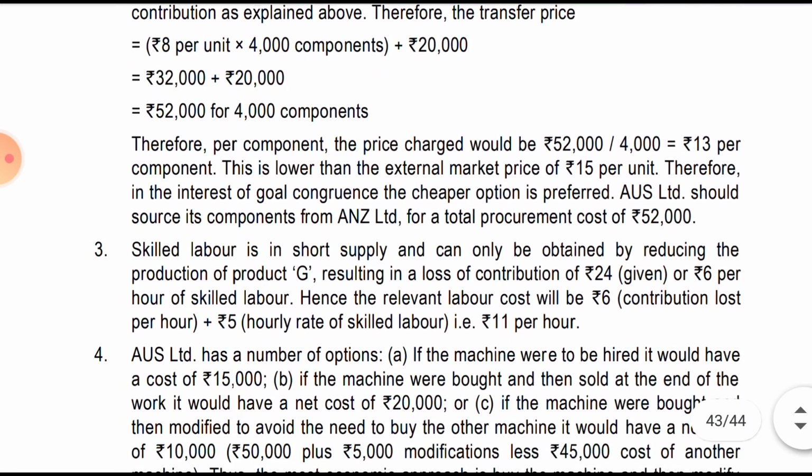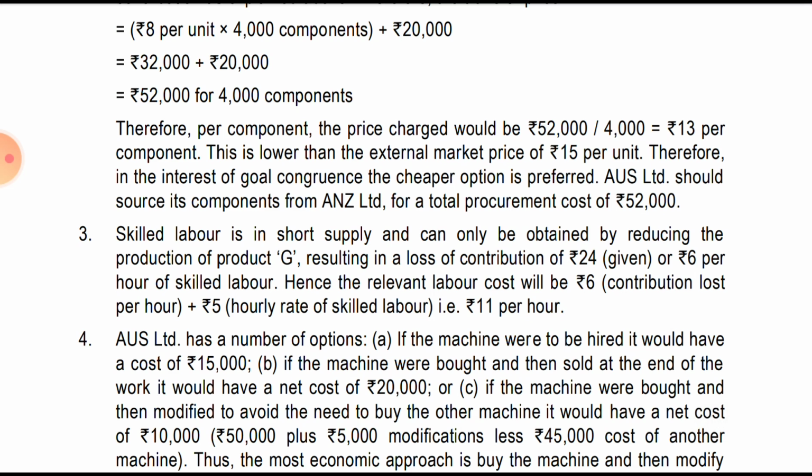Then skilled labor is in short supply and can only be obtained by reducing the production of product G. Let me read the third one, labor.